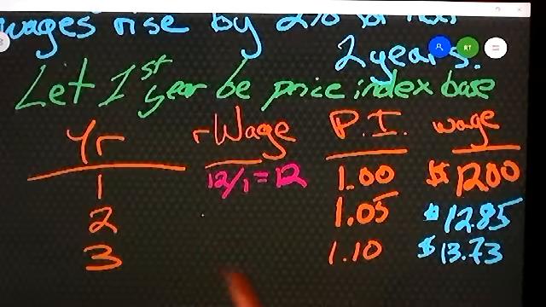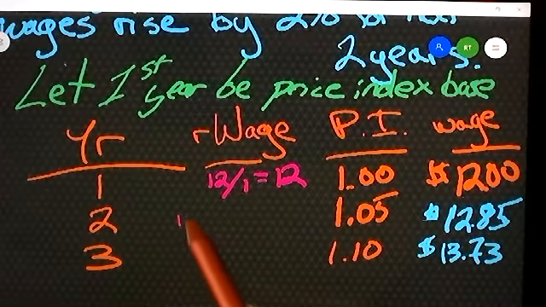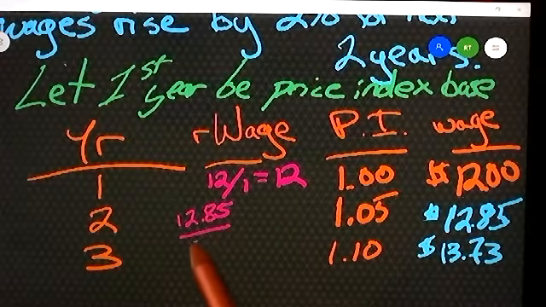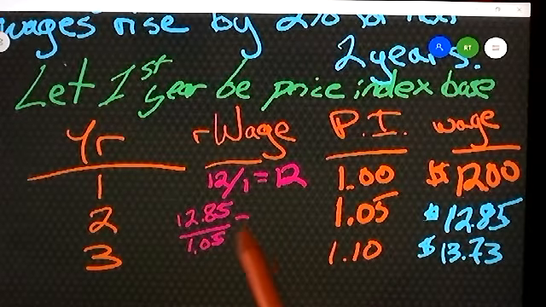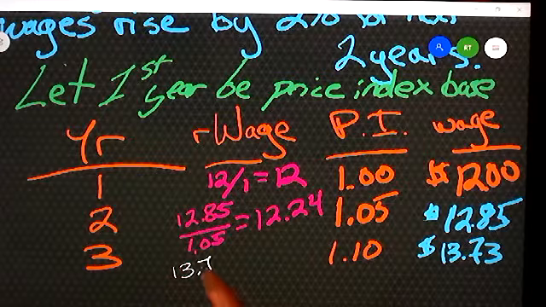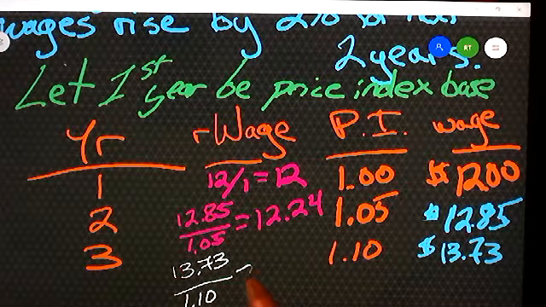So 12.85 divided by 1.05 gives us 12.24. Similarly, we take 13.73 and divide that by 1.10, and that's going to give us $12.48 per hour.